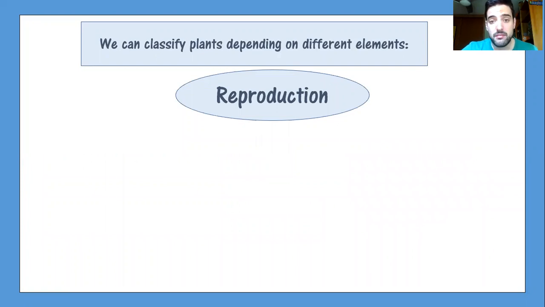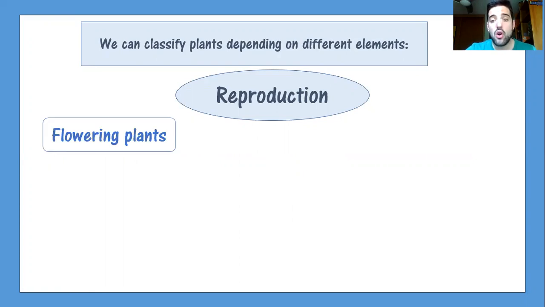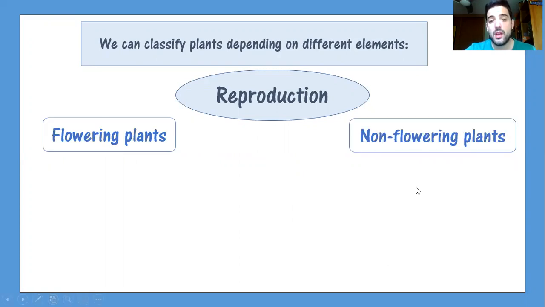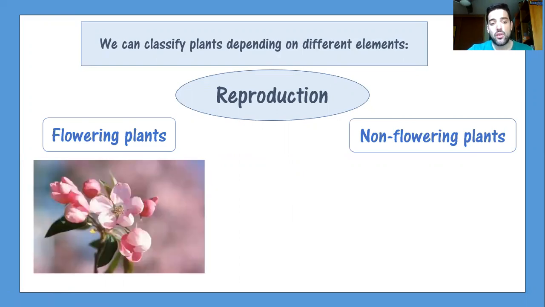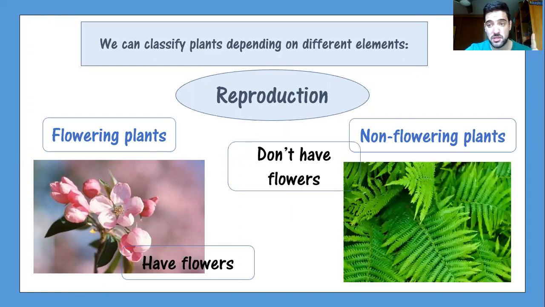So we are going to classify plants depending on their reproduction. And plants can be flowering or non-flowering. As you may know or you may guess, flowering plants are those plants that have flowers, and non-flowering plants are those plants that don't have flowers.